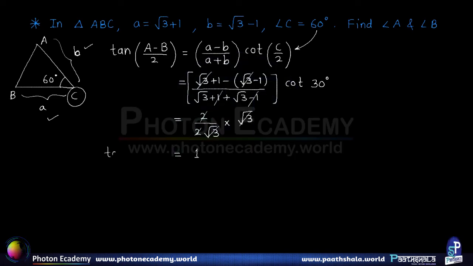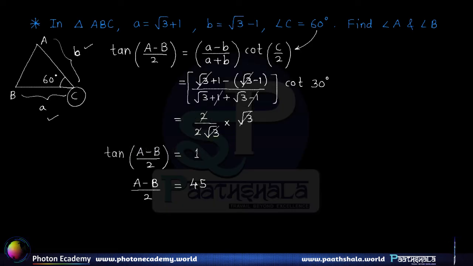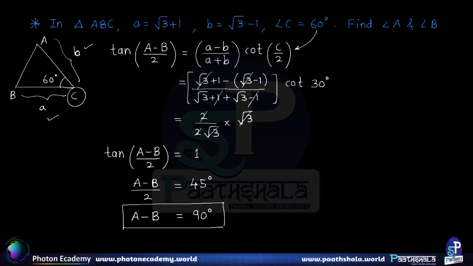So tan of (A minus B) upon 2 is equal to 1. That means the angle (A minus B) upon 2 must be 45 degrees, and hence A minus B must be 90 degrees.